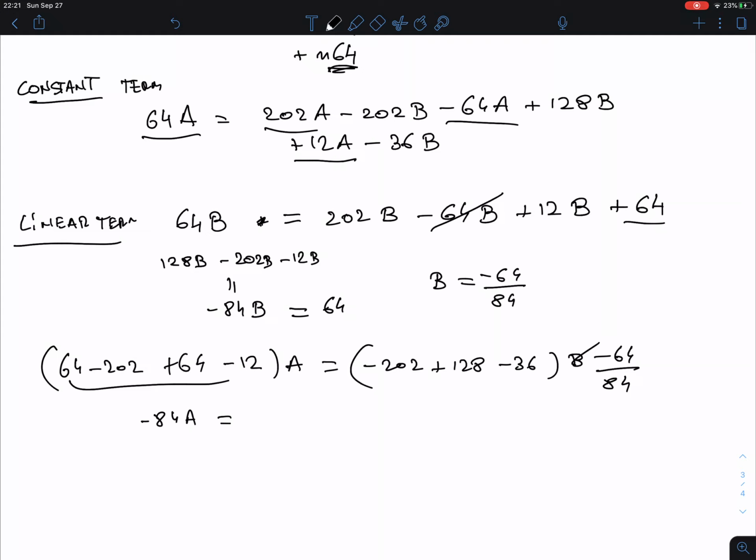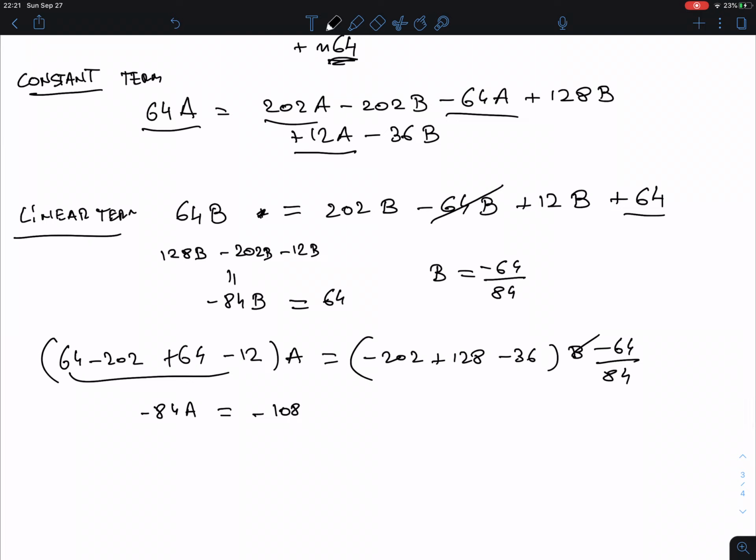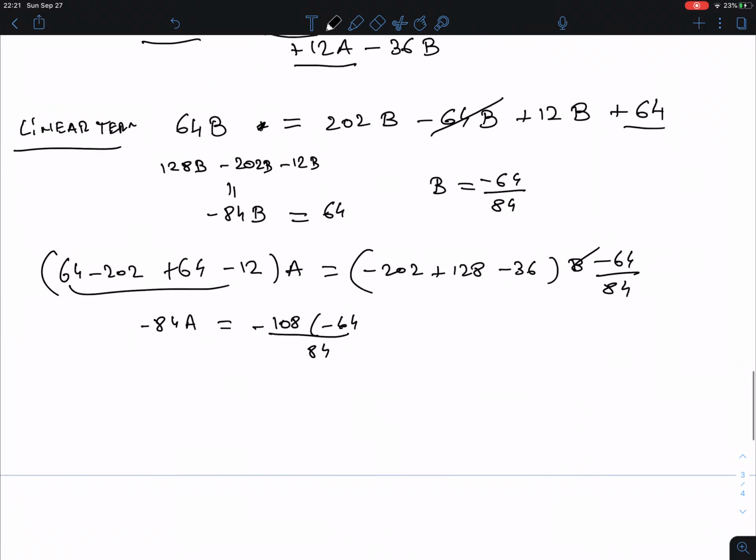72, and 36 is 108, minus 108 times minus 64 over 84. So if I solve for a, it becomes plus 108 times 64 over 84 times 84.